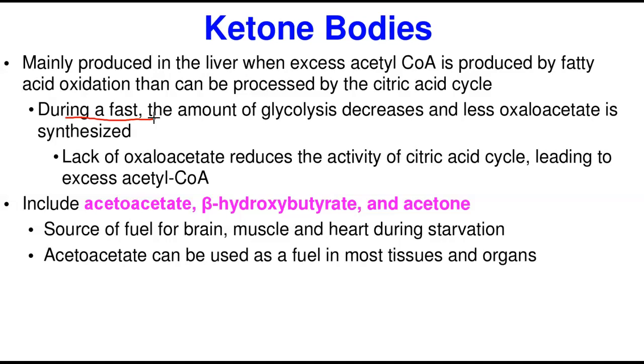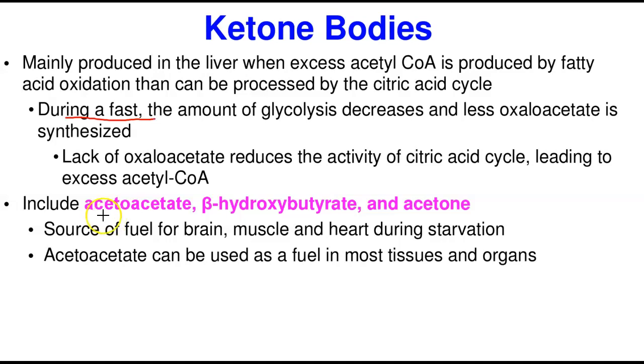So if glycolysis decreases, the amount of oxaloacetate that starts up the citric acid cycle will also decrease, and that reduces the citric acid cycle itself. The lack of oxaloacetate reduces the activity of the cycle and leads to excess acetyl-CoA. Those acetyl-CoA generated from lipids will be floating around. If they don't have anywhere to go, they will be channeled into the synthesis of ketone bodies.